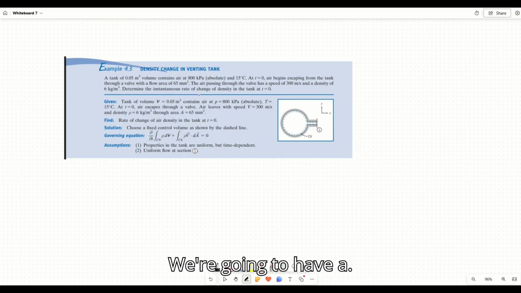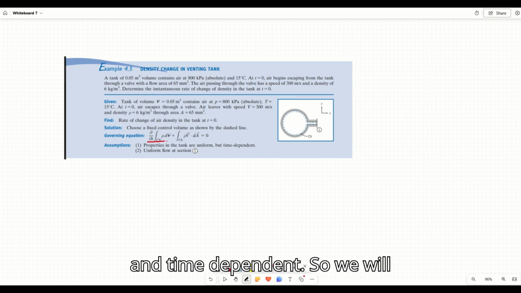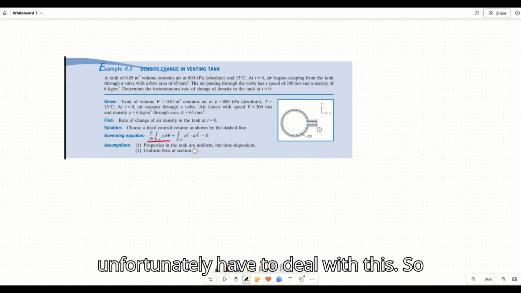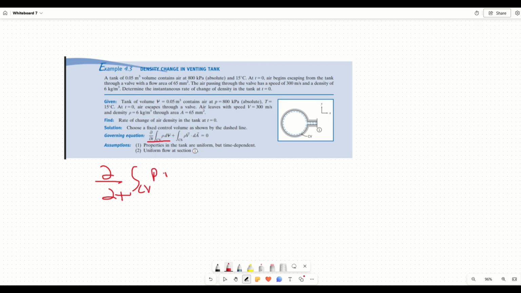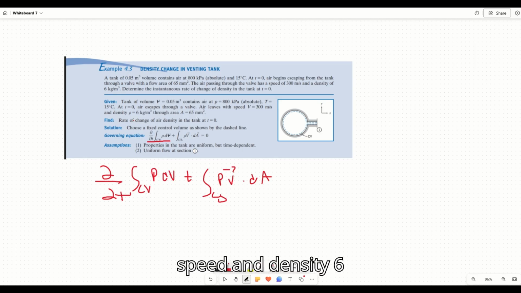We're gonna have a change in the density. So we're gonna be sort of uniform flow, which is in the tank, or uniform and time dependent. So we will unfortunately have to deal with this. So let's go set this up. Okay, so residual speed and density through the area.